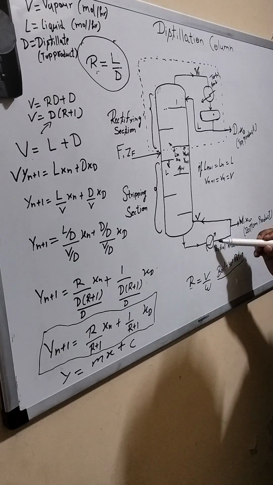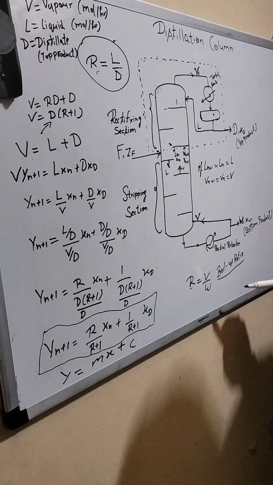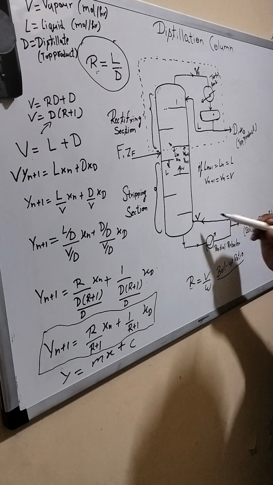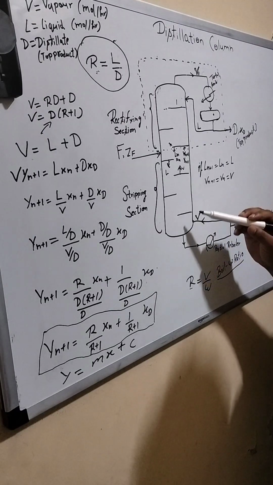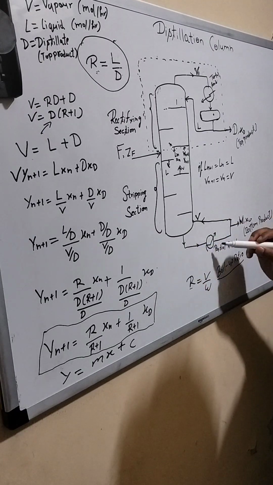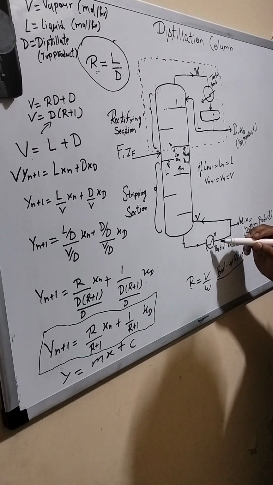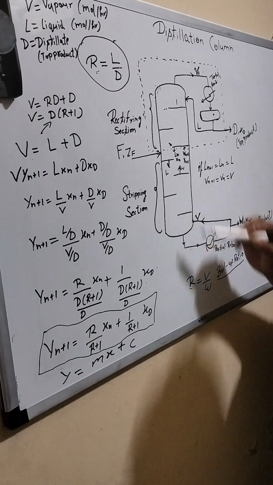Similarly, they can ask what is the duty of the partial reboiler: how much steam is required to vaporize the required portion of the mixture, to perform the particular separation as per your requirement.